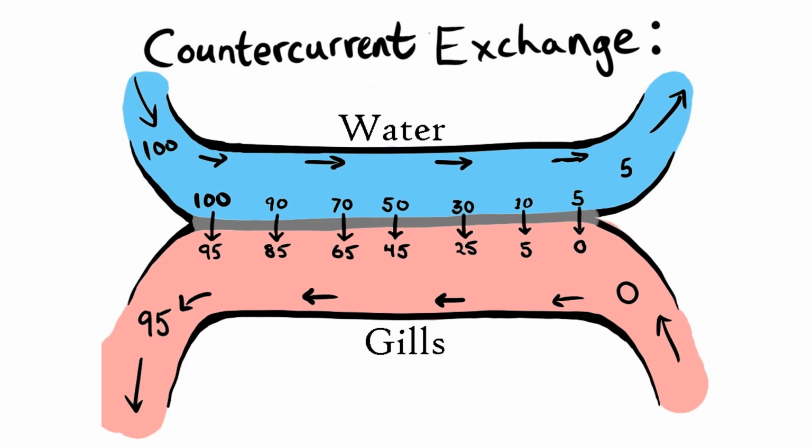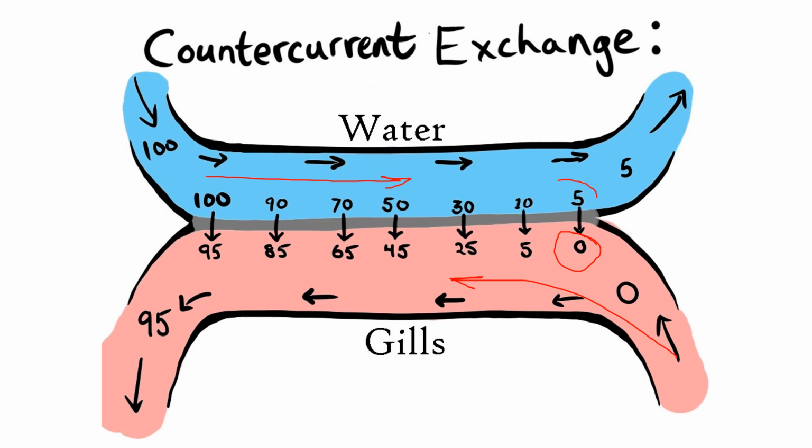What if we did it in the opposite direction? So notice here, the water is still flowing in this direction, but the blood is now flowing in this direction. Blood is coming in at 0 again. Notice it's coming from the body, so it's very depleted. And what you can see is, look at this, the water has already exchanged most of its oxygen because it's already gone by a bunch of blood.